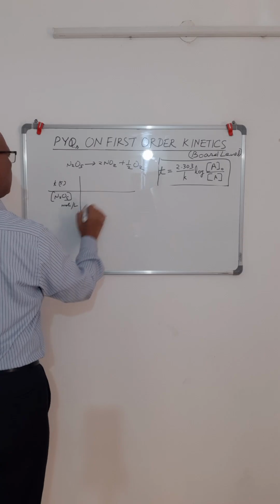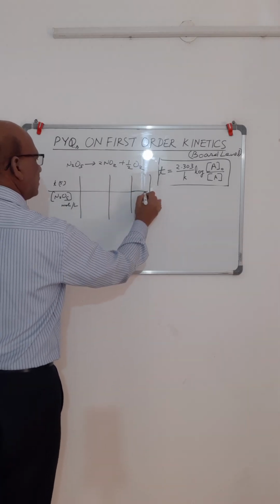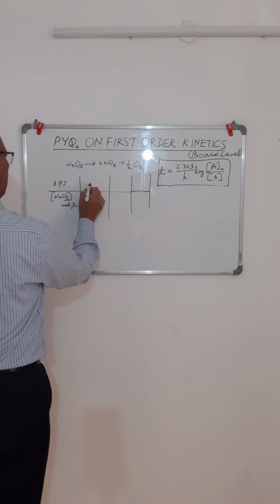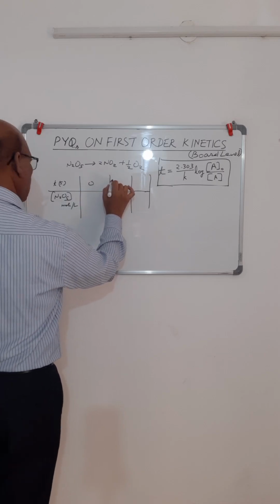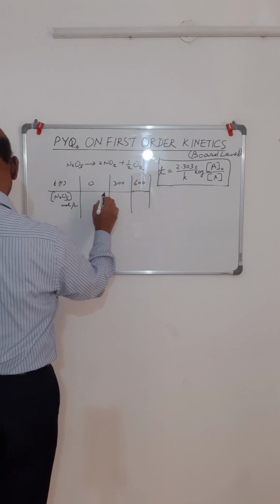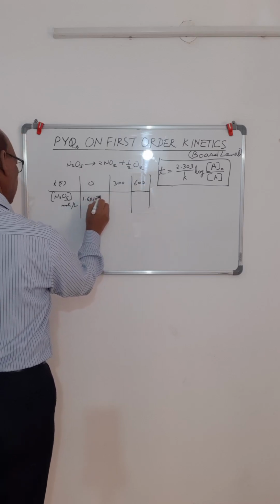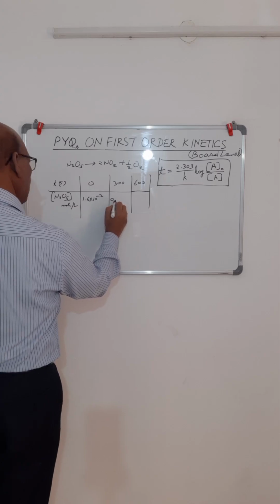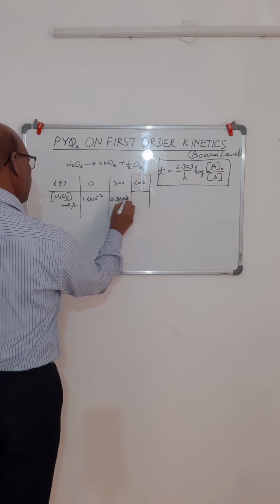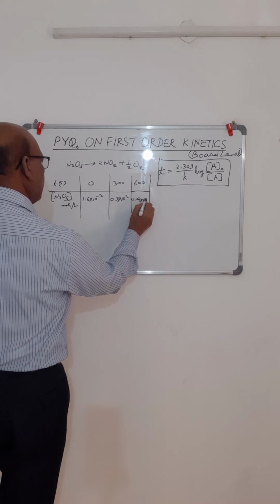This is, say, at different times these data are given to us. So at t equal to 0, then t equal to 300 seconds, then t equal to 600 seconds, and this is 1.6 into 10 to the power minus 2, and this is 0.8 into 10 to the power minus 2, and this is 0.4 into 10 to the power minus 2.